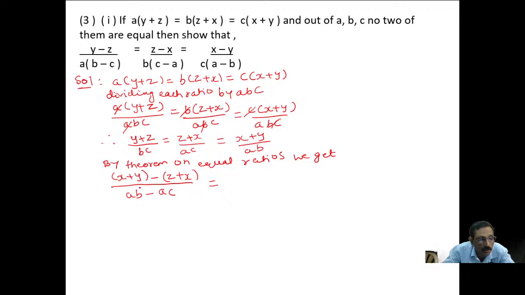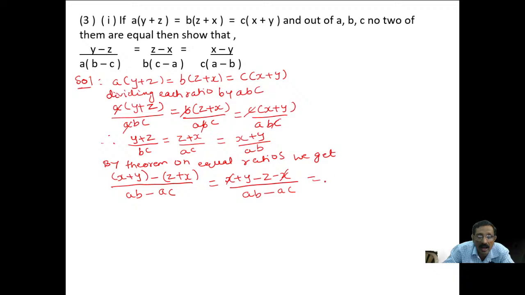Okay, let's open this bracket and see. X plus y minus z minus x upon AB minus AC, which is equal to, this is gone, this is gone.